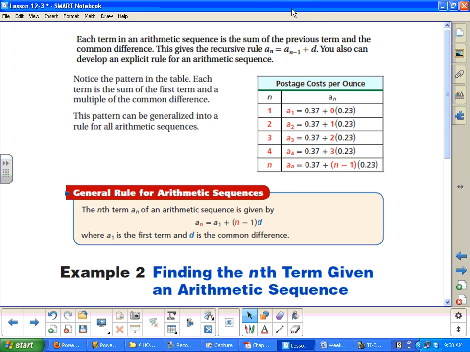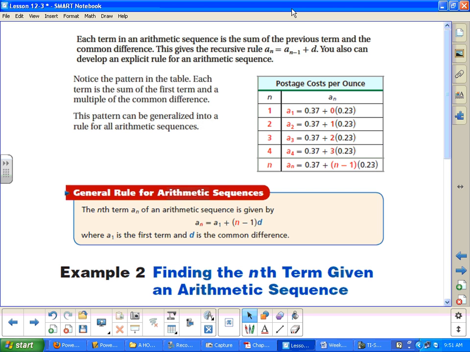So now that we know what an arithmetic sequence is, we're going to use a formula for finding the terms of the sequence, and also finding equations for the sequence, and also finding numbers given a formula. So here it says each term in the arithmetic sequence is the sum of the previous term and the common difference.